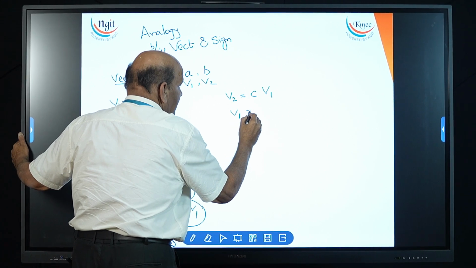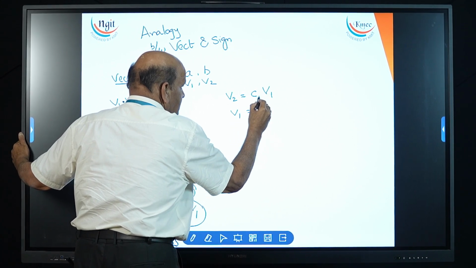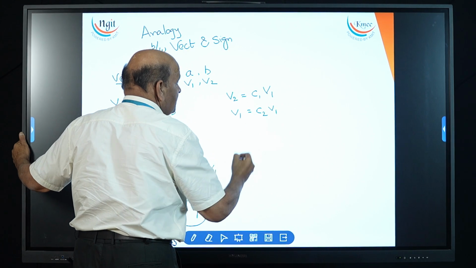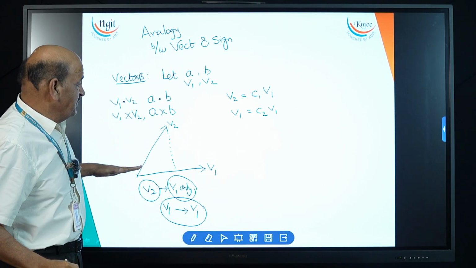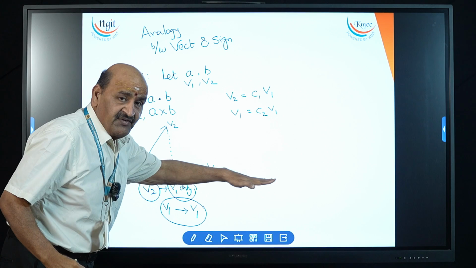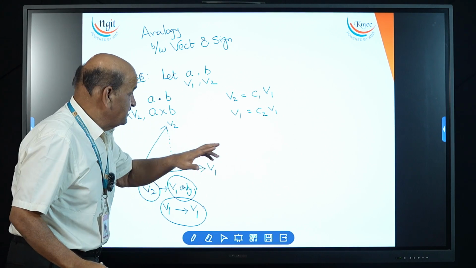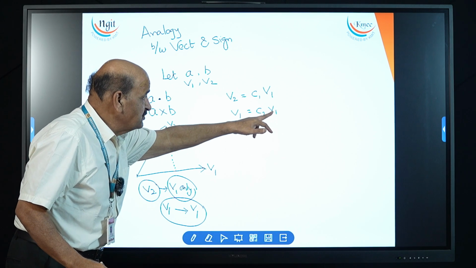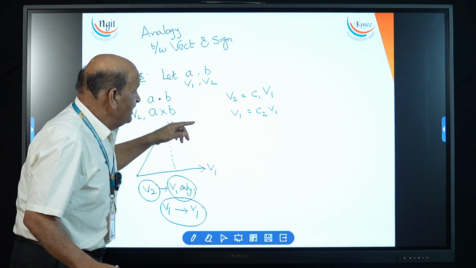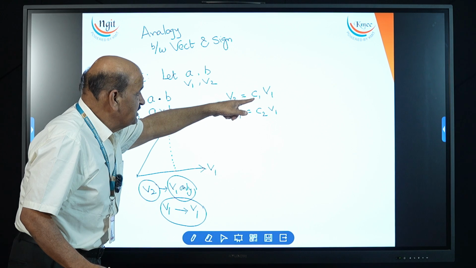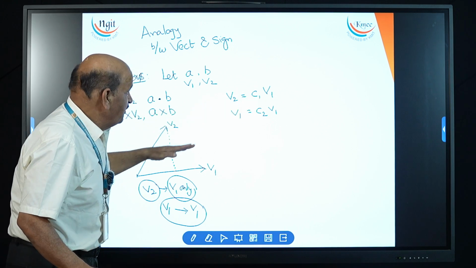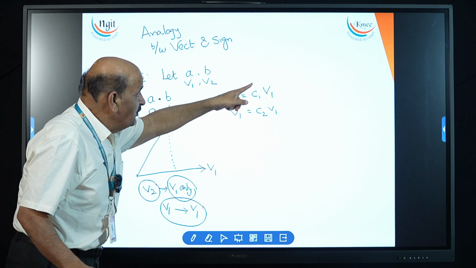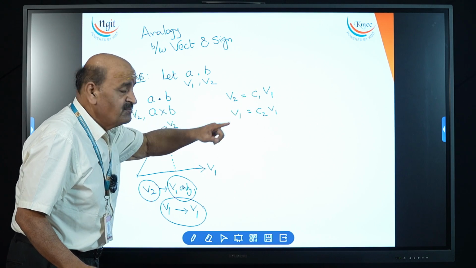Similarly, V1 is equal to some other constant into V1. This is the axis. The V1 axis is different, the component is different. On this V1, the component value is some constant into the direction of the vector V1. Here, V2 is equal to some constant into the direction of the vector V1. Look at V1, V2. Both are represented in this way.